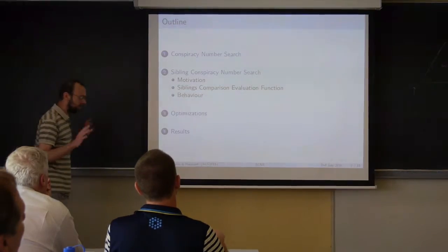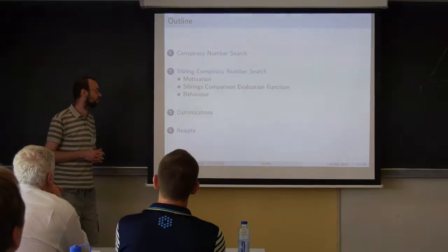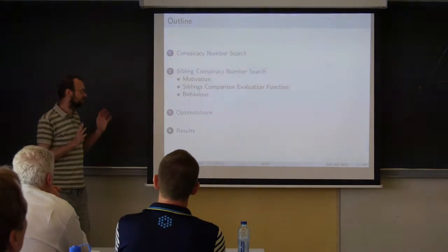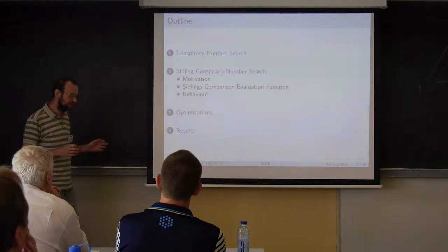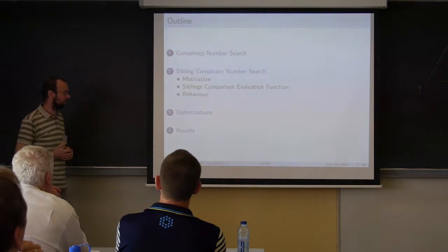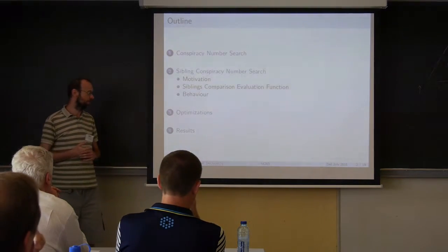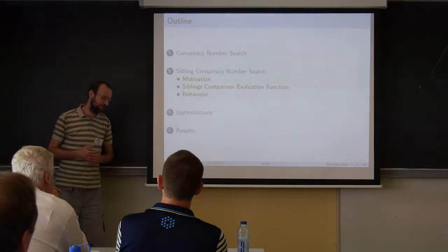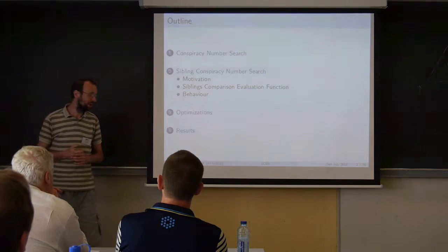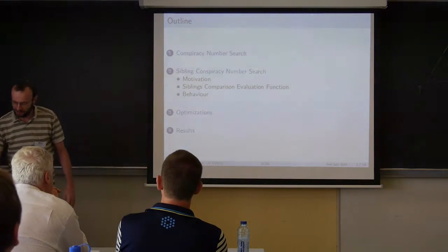First I will briefly give the intuition of how conspiracy number search works. Then I will describe our simple modification. And even though we made some modification, we had to make many optimizations in order to be competitive with other state-of-the-art programs like Pawlewicz. And we are competitive, and I will show it in the results.